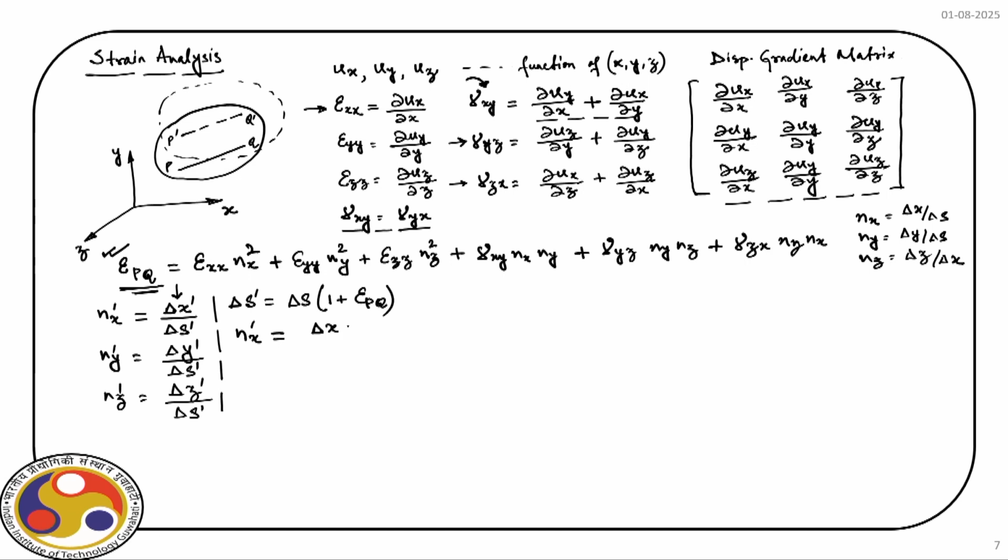This is delta x plus delta ux. Refer to our previous class notes, we have already explained that, and then divided by delta s prime.